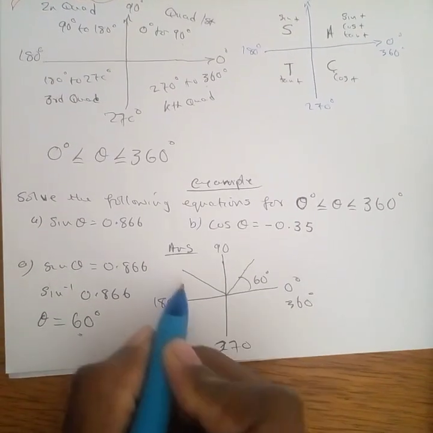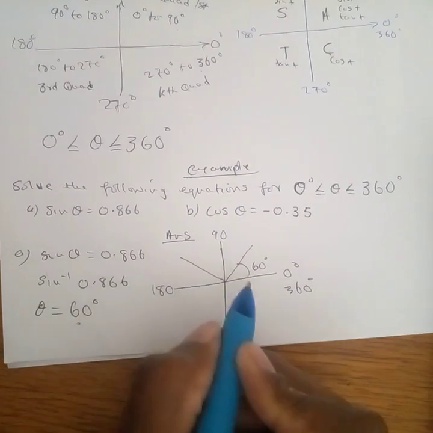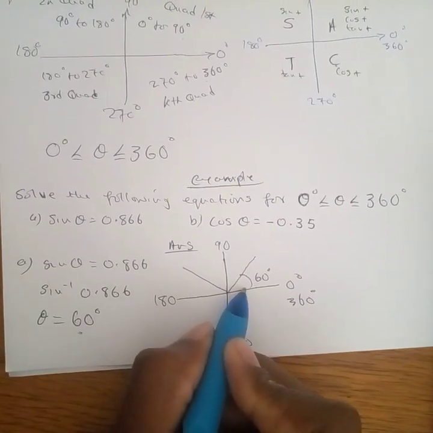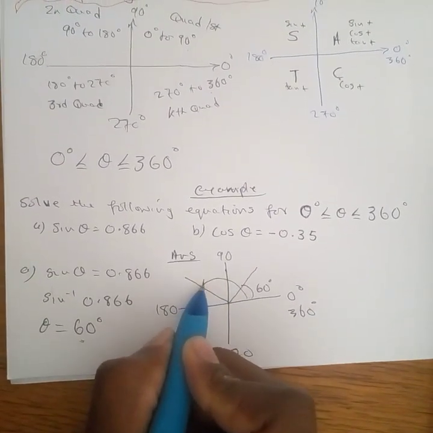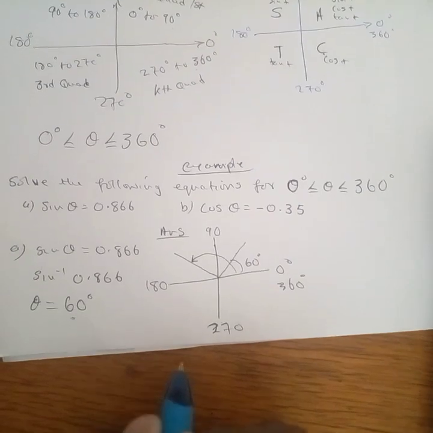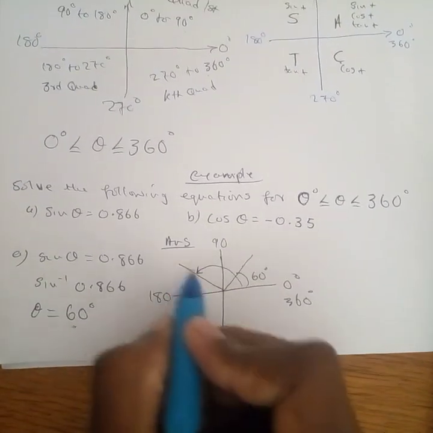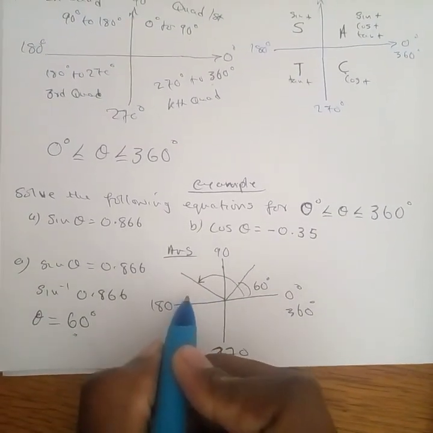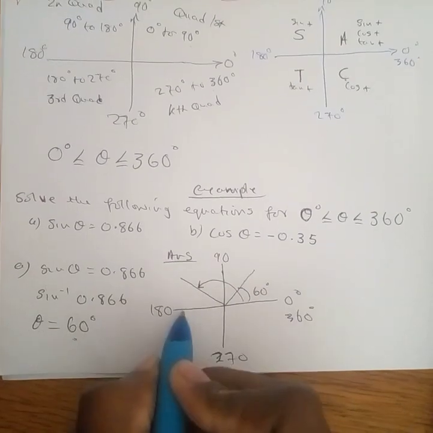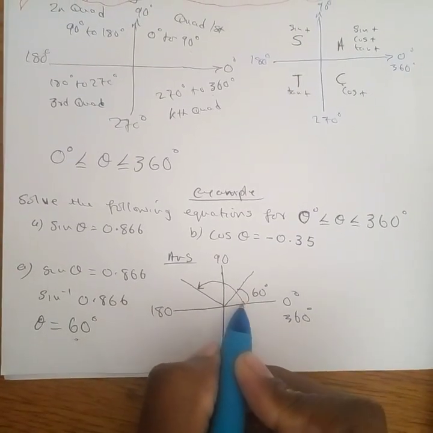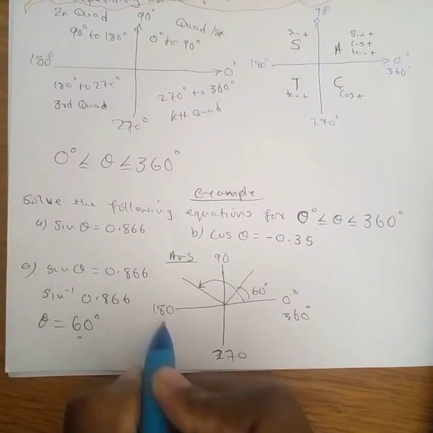So we draw a terminal ray there to find this angle from here all the way to there. What will this angle be? We learned that in order for us to find the angle in the second quadrant, all we need to do is subtract the angle that is given from 180.